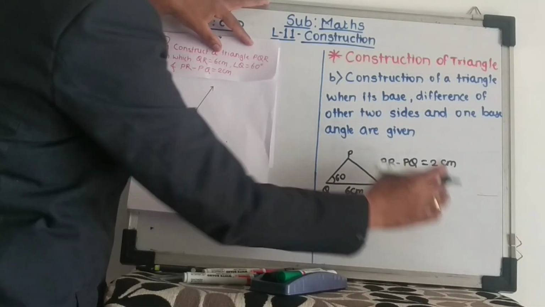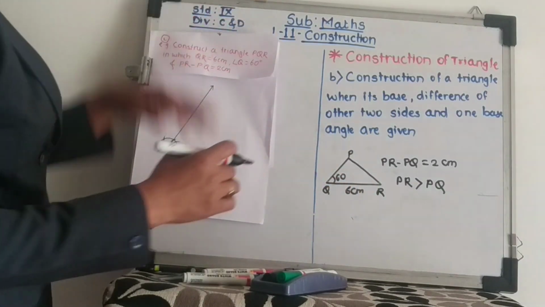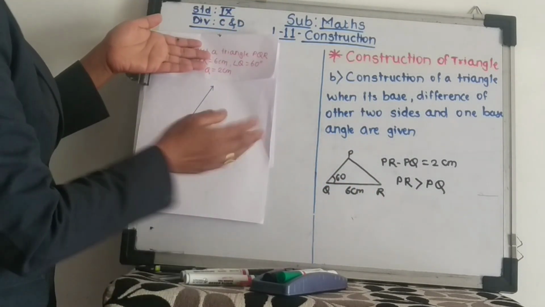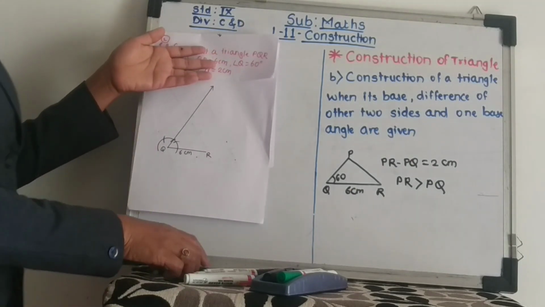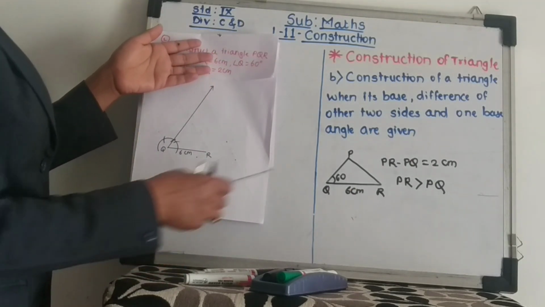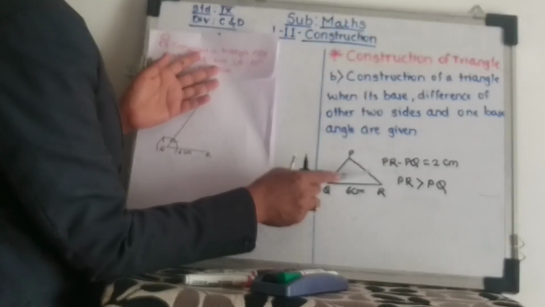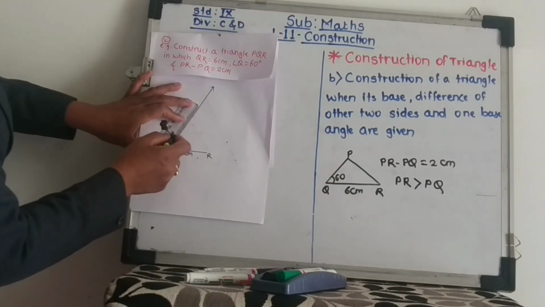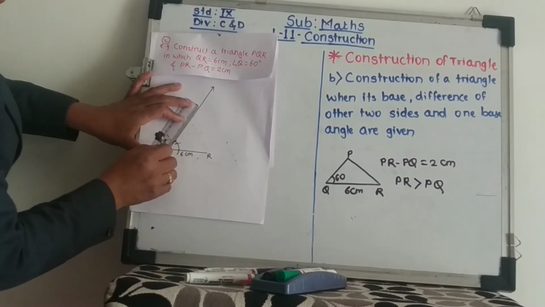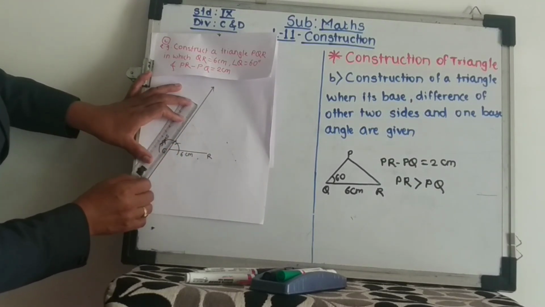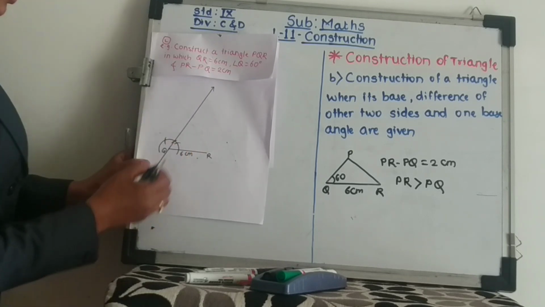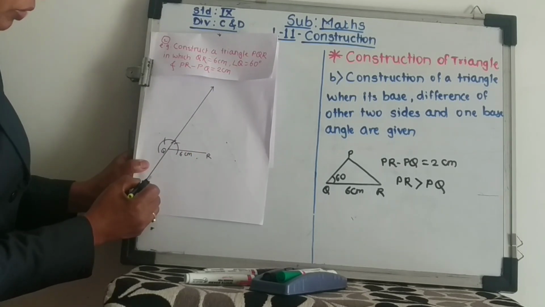Whatever construction we saw in the previous question, we will do the opposite: whenever the opposite side is greater, we do the construction towards the downward side. So we will extend this 60 degree angle downward.